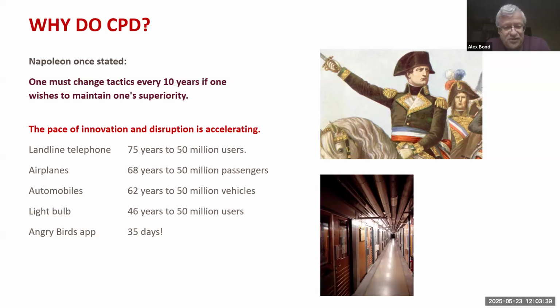Cars and automobiles, 62 years. The light bulb, 46 years. By comparison, Angry Birds, when it came out, took 35 days to get to 50 million users. We have to be able to respond rapidly and update our knowledge rapidly.